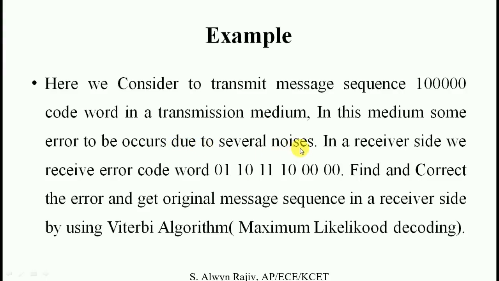On the receiver side, we receive the erroneous code 0 1 1 0 1 1 1 0 0 0 0 0. Find and correct the error and get the original message sequence on the receiver side by using the Viterbi algorithm, that means maximum likelihood decoding. Now we are going to start this problem.